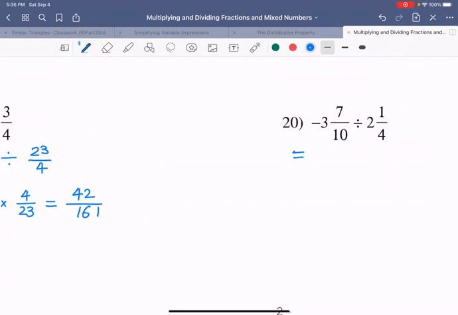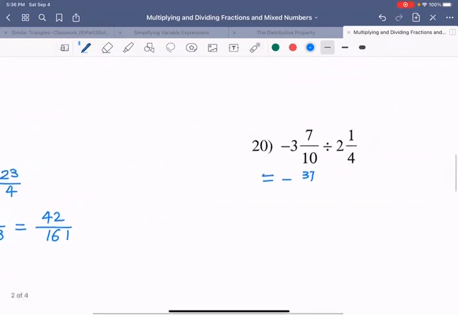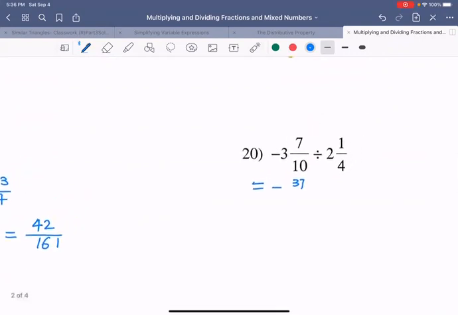So you have -3 times 10 is -30 plus 7 is -23. Hold on. -37 over 10. Yes, over 10. Let's make this part clear, okay? This guy, by default, you have a parenthesis to protect this.